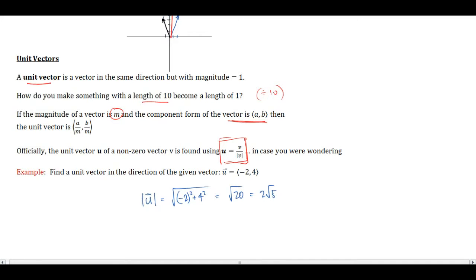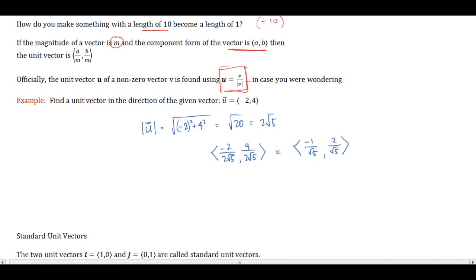And so there is the magnitude. So now to find the unit vector, we just put each one of those guys over their magnitude. And there is your new unit vector. Right? I guess I could clean that up a little bit. Looks to me like negative 1 over root 5, comma 2 over root 5. And there is the unit vector that would be going the same direction but would have a magnitude of 1.